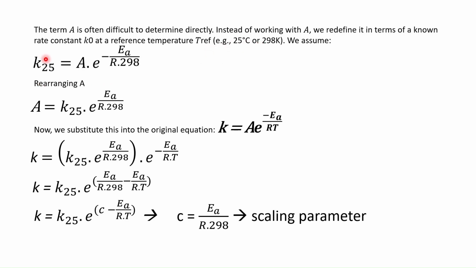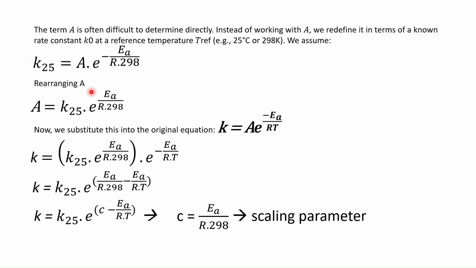So k25 is the rate constant at 25 degrees Celsius, A is the frequency factor, Ea is the activation energy, R is the ideal gas constant, and 298 is the temperature in Kelvin. For 25 degrees Celsius, this is how we can write the Arrhenius equation.